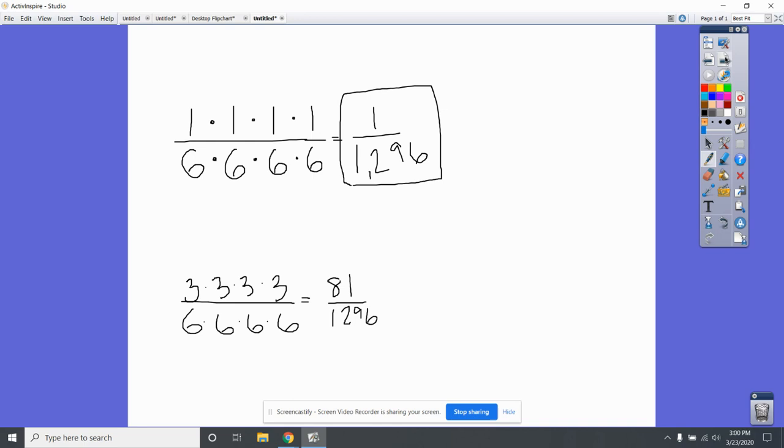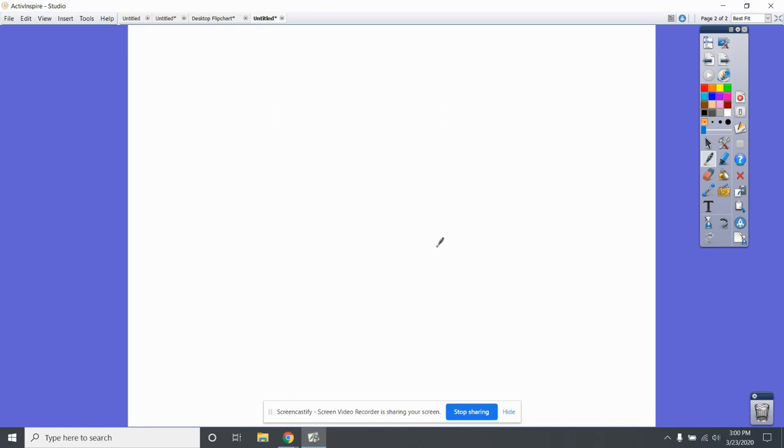But let's talk about if the events are dependent. What if I have a hat full of names, or how about letters? We'll go with letters. I have a hat of 10 letters: A, B, C, D, E, F, G, H, I, J. And I say, what's the probability of getting A, B, and C in that order?